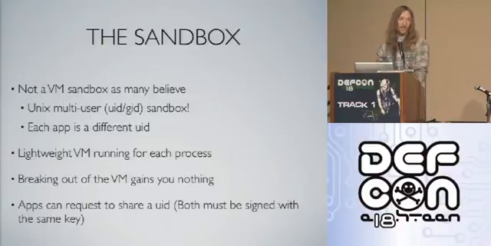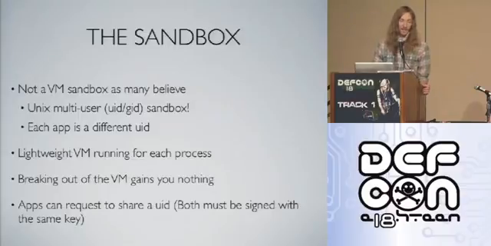Each application running is going to have its own lightweight VM, which is the Dalvik VM, which is just a Java-like VM that is based off of passing through registers rather than on the stack. And if you're able to break out of this VM, you gain nothing.